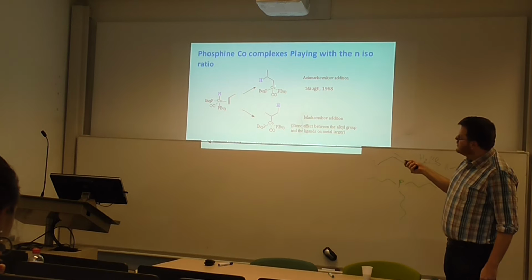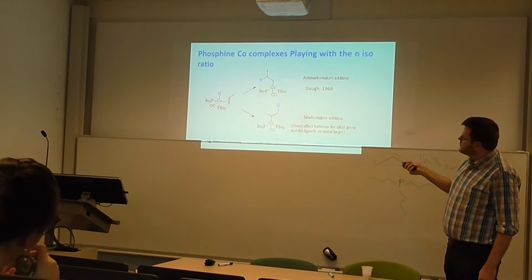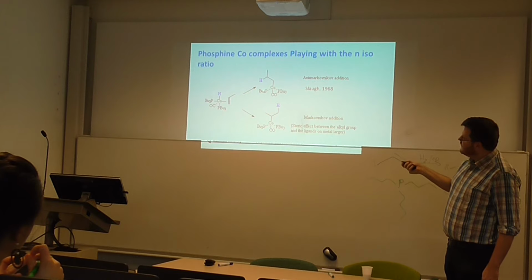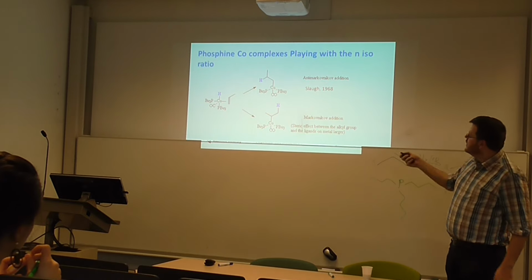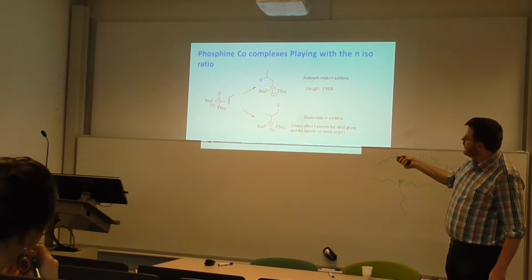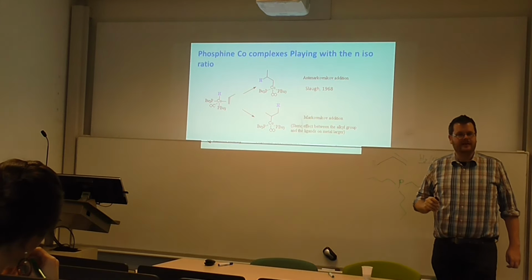Imagine these two groups are pointing on both sides of the cobalt. On the top structure, it's only on the left-hand side you effectively have a steric interaction between this alkyl chain here and the pretty sterically demanding phosphine.